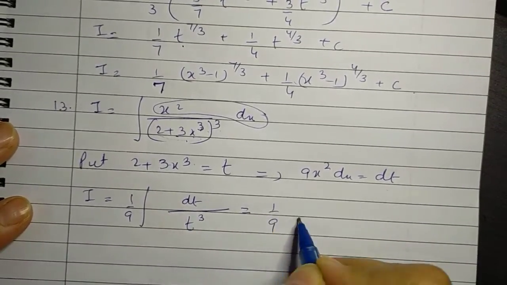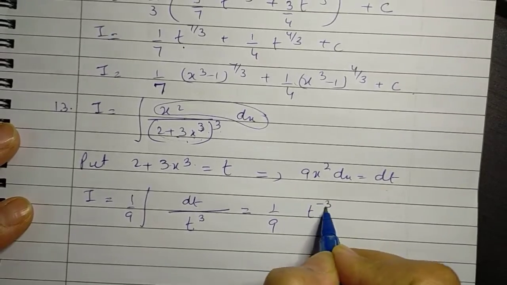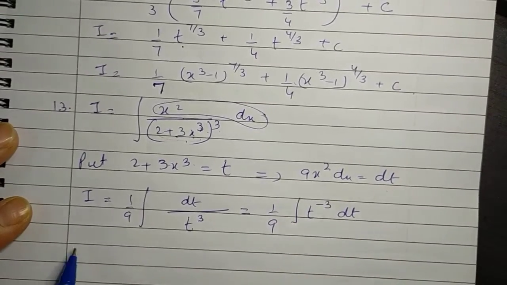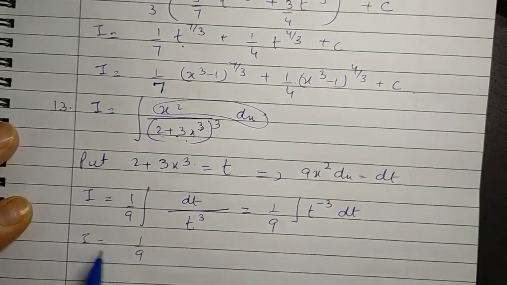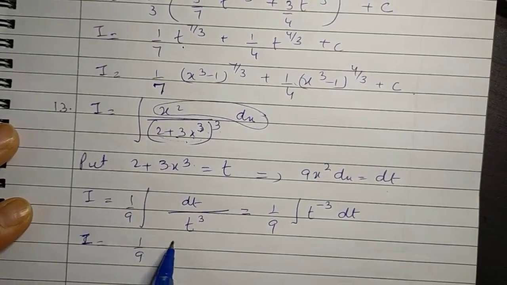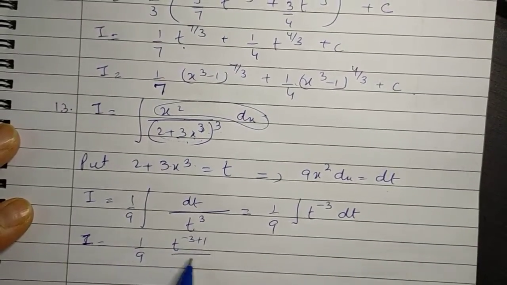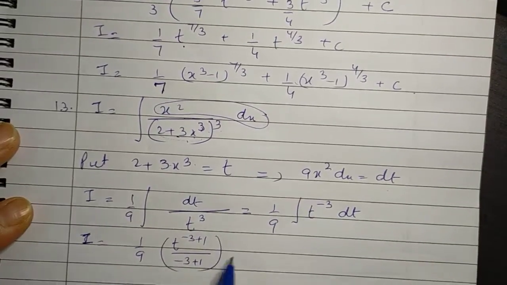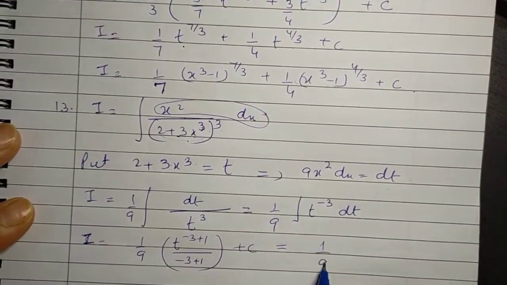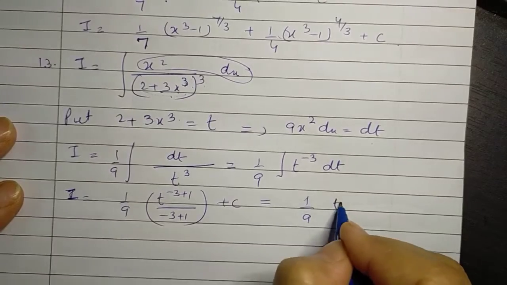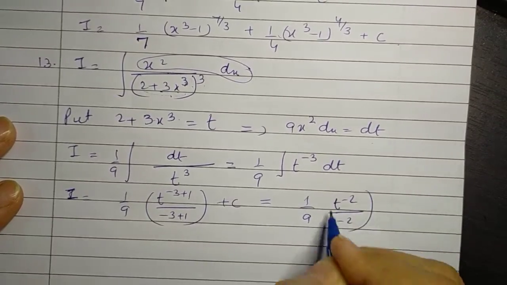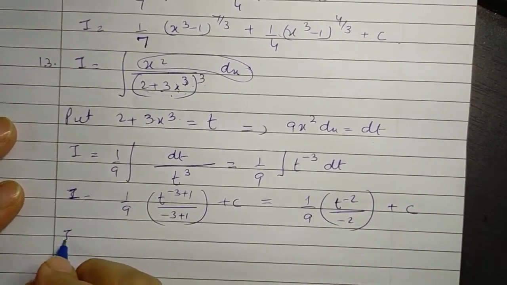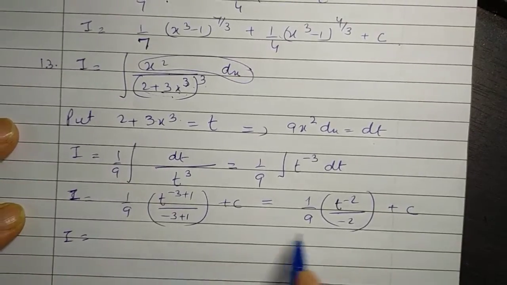This becomes 1 upon 9 t raised to the power of minus 3 dt. Now apply the integral. What do we get? 1 upon 9 t raised to the power minus 3 plus 1 upon minus 3 plus 1 plus a constant, 1 upon 9 t raised to the power minus 2 over minus 2 plus a constant. Replacing back in terms of x, what do we get?